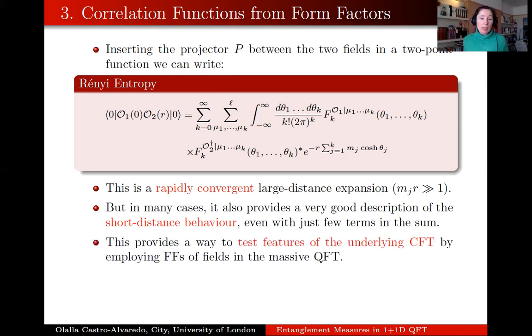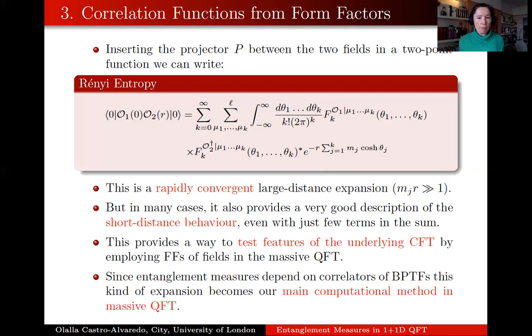So this provides a way to test features of the underlying conformal field theory. If we can look at short distances, that means we can connect this two-point function in massive QFT to its counterpart in conformal field theory and check that they match. This is a common thing people do in my area.